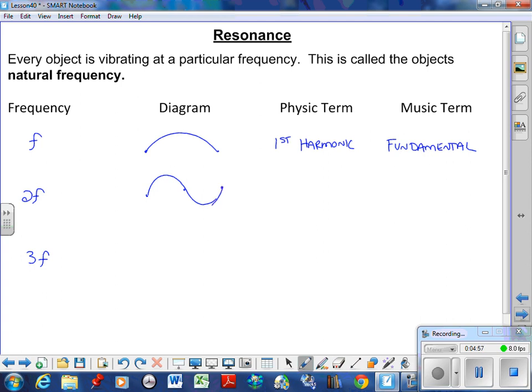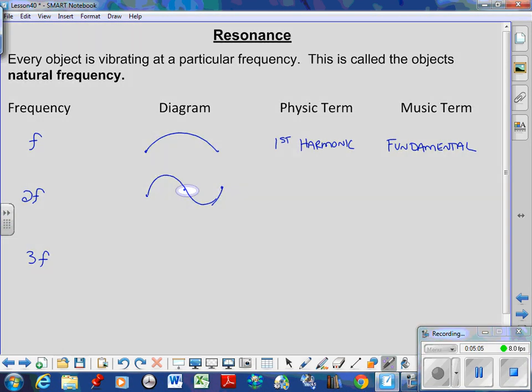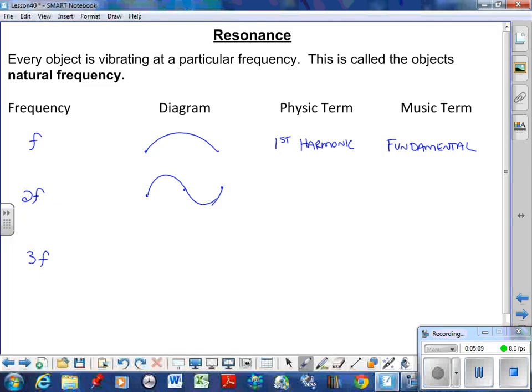All right, the first wave there is the most basic wave that I can get between point A and point B. Okay, now I can get from point A to point B by adding a crest and a trough. So physics people, or physicists, try not to be too adventurous here. We call that the second harmonic, whereas music people will know this as the first overtone.